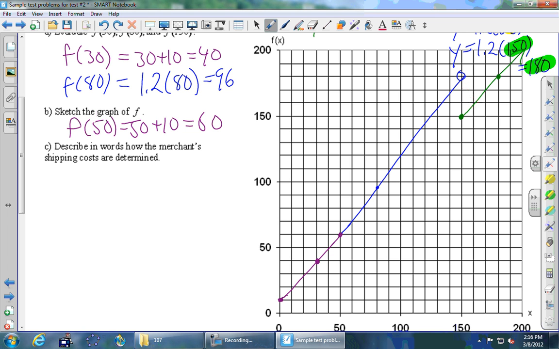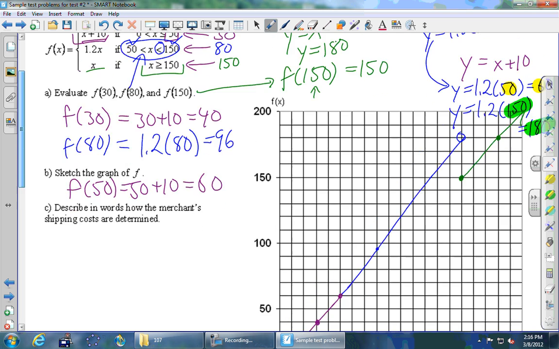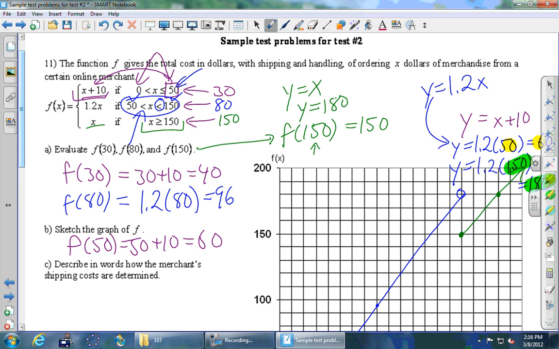Describe in words how the merchant's shipping costs are determined. So looking up at the rules, in the first rule, it's x plus 10, and that's if x is between 0 and 50.